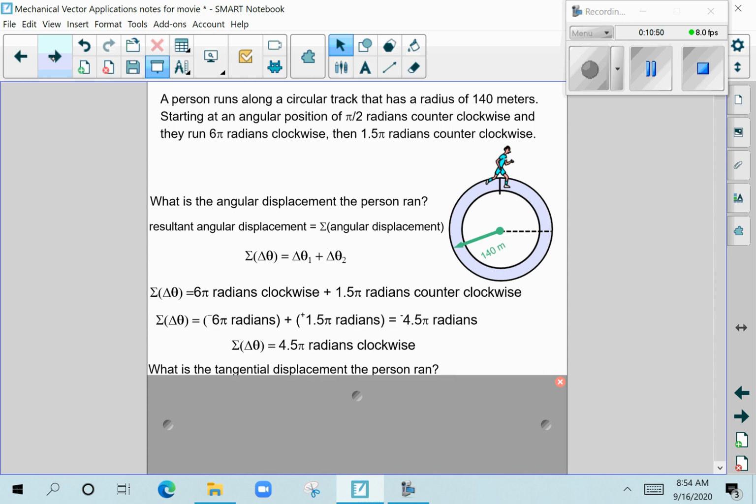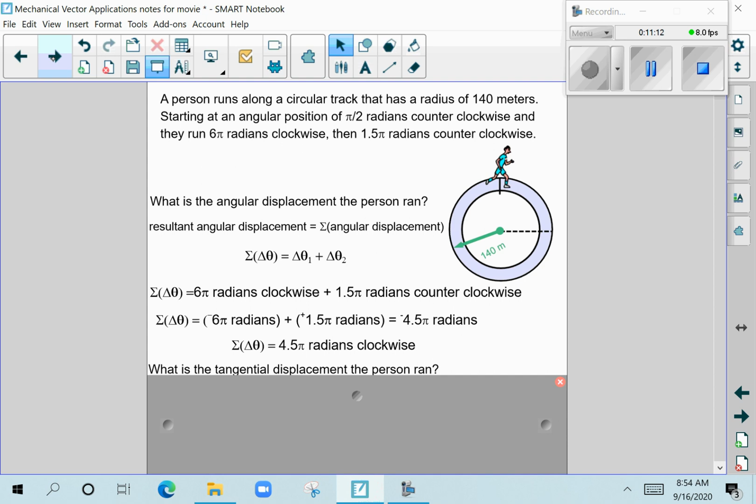I now want to find their angular displacement that the person ran. So I have to consider their directions. The person first ran 6 pi radians clockwise, so that was negative 6 pi radians. And then after that, they ran 1.5 pi radians counterclockwise, which would be positive 1.5 pi radians.